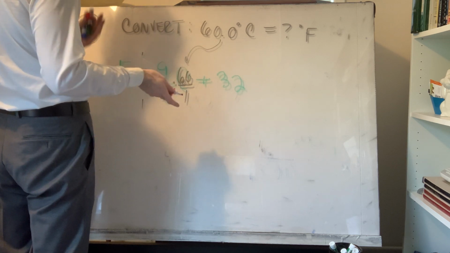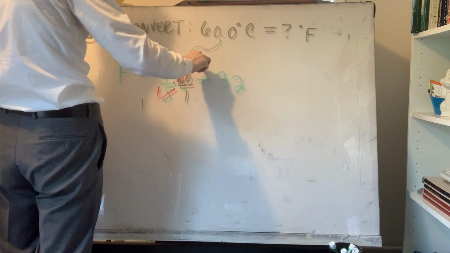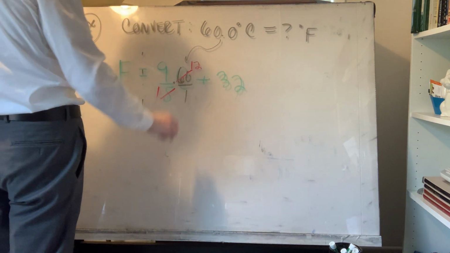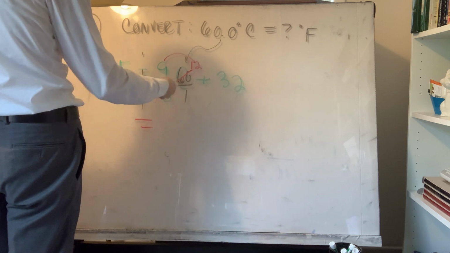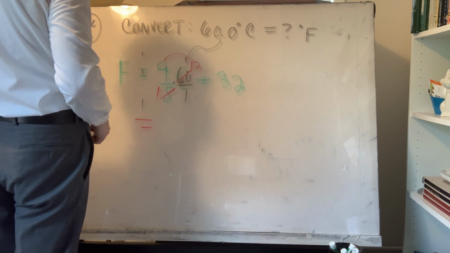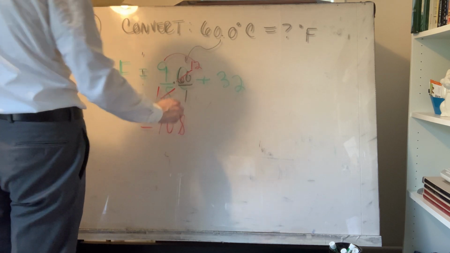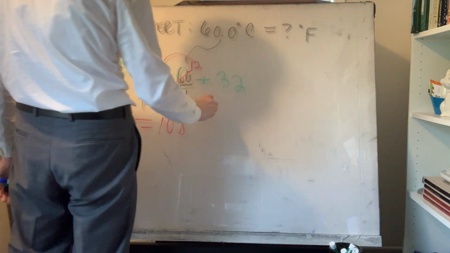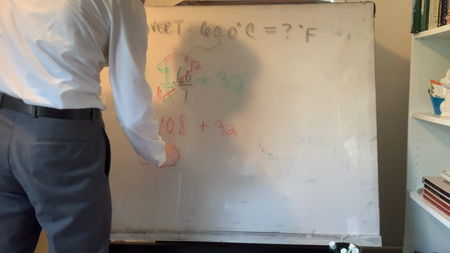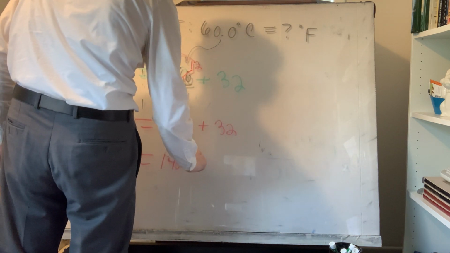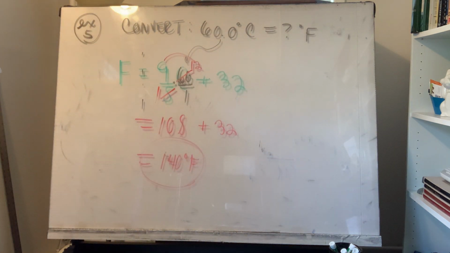They both have a common factor of 5, that's the GCF, so this would be 1, and this would be 12, which means this would be 9 times 12, and therefore the leftover, since the denominators are just 1, is 108. 108 plus the 32 that is here leaves you with what? 140 degrees Fahrenheit. Not too shabby, right?